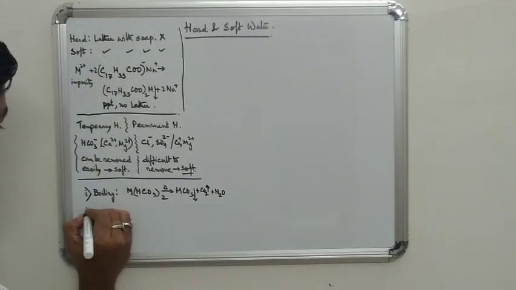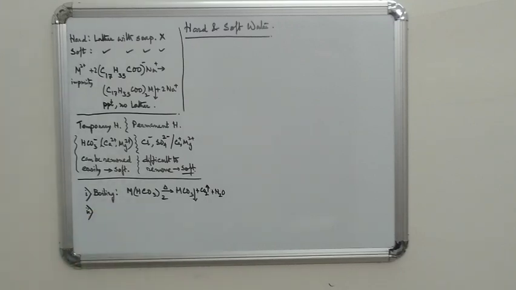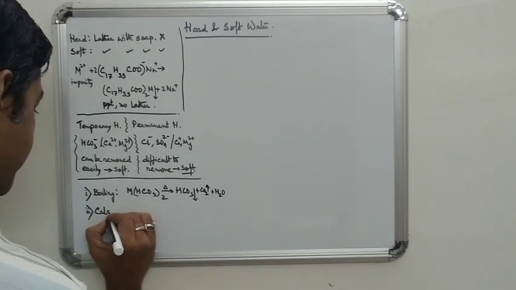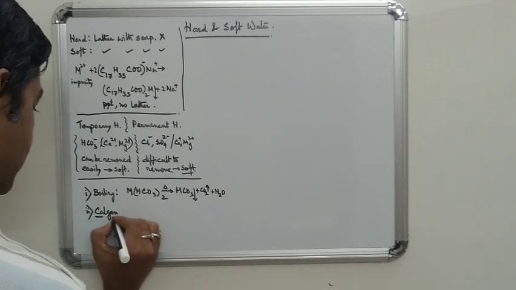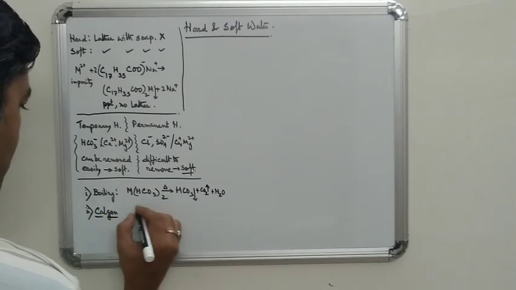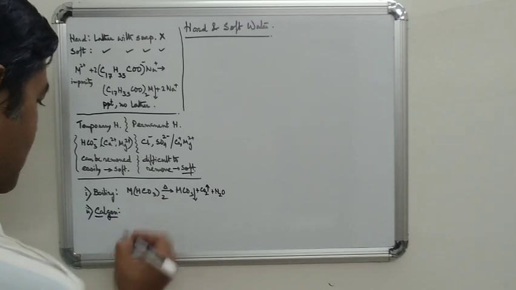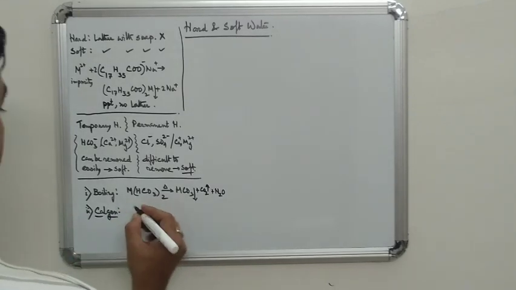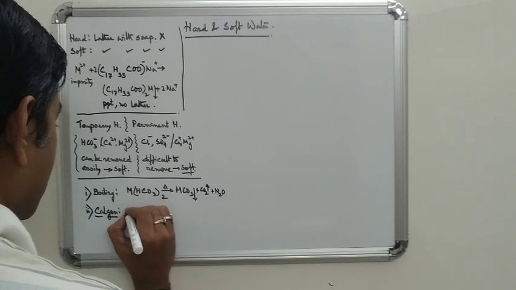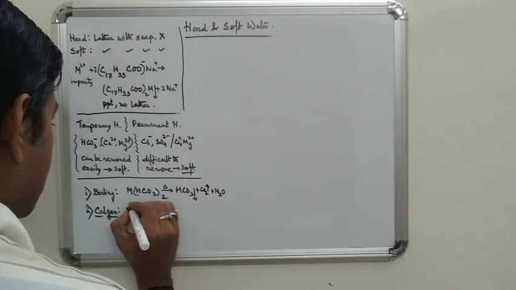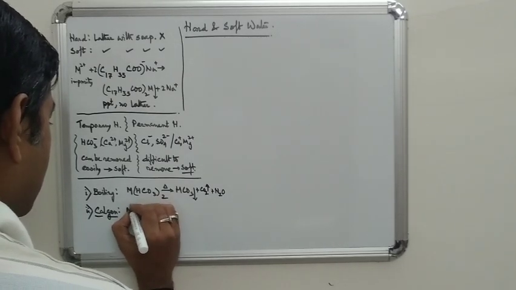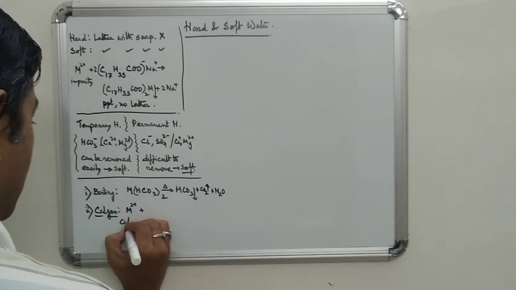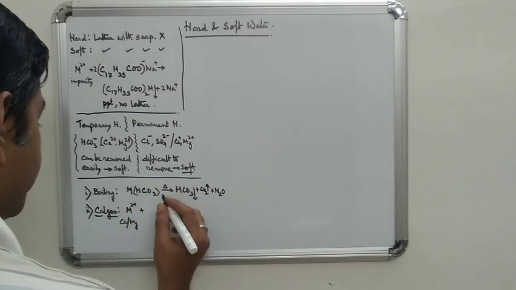The next process is the chemical process, where we use Calgon, calcium gon. It is actually a sodium polyphosphate complex salt. So we first write M2+, where M will be Ca or Mg.